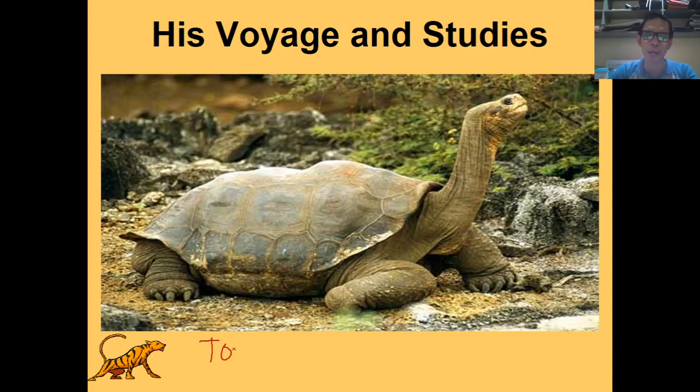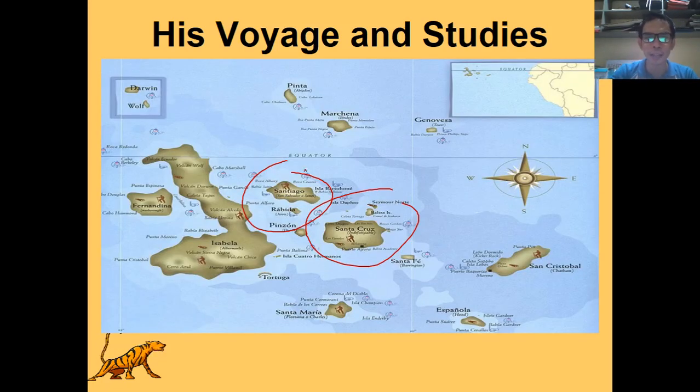So, for example, we have this tortoise right here. This is a land-based turtle, and they are very large compared to their relatives, which live on the mainland. And what Darwin noticed in this particular animal is that the tortoises on every island are different from each other.